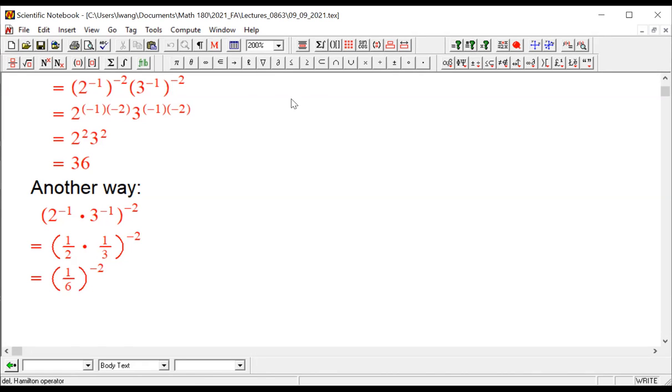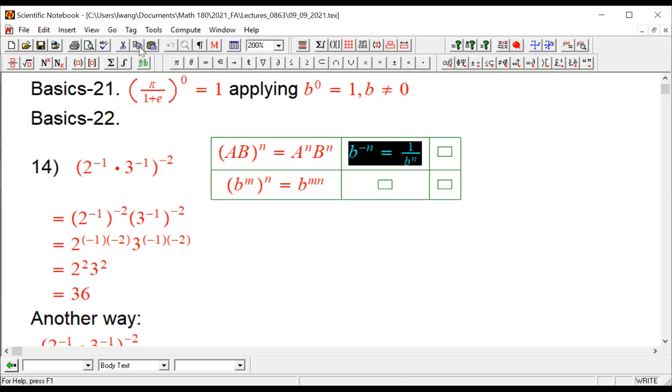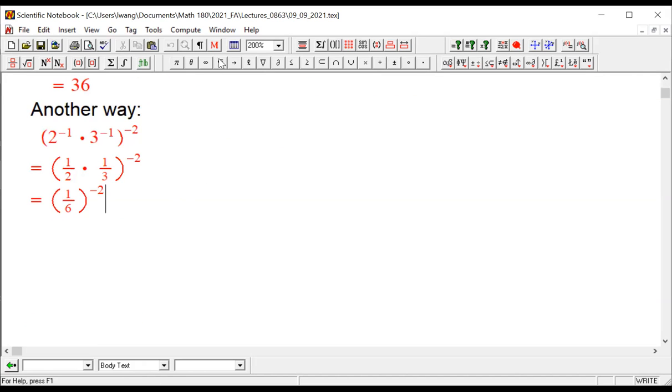Yeah. And then you can use this property, or you can use that property: capital A, capital B, raised to the power of n equals a to the power of n over b to the power of n.